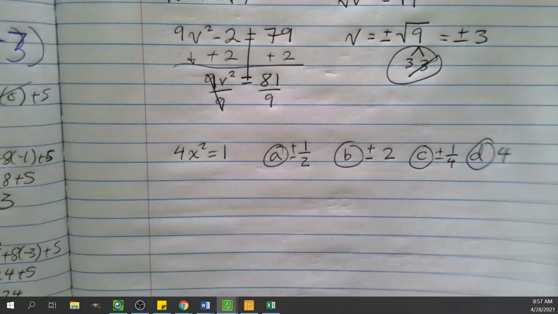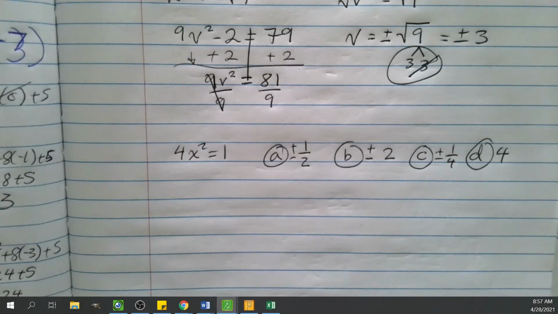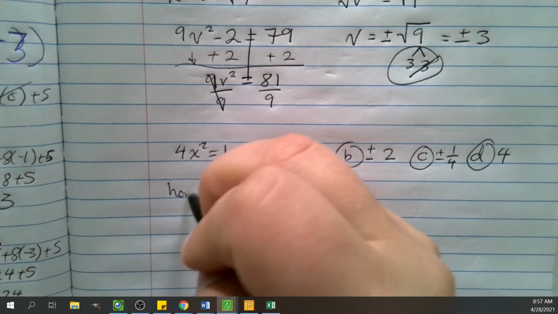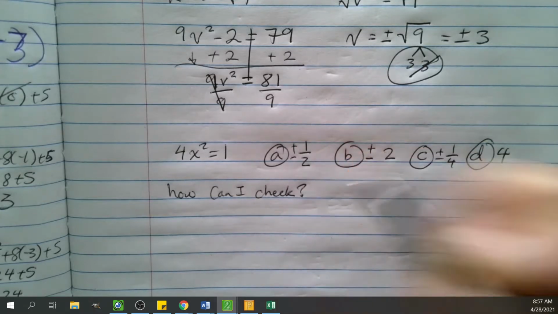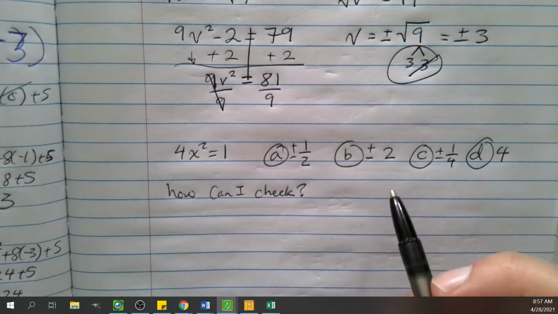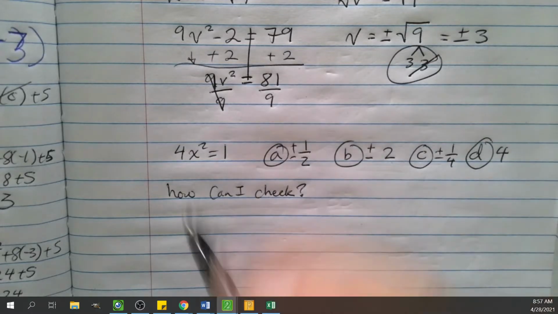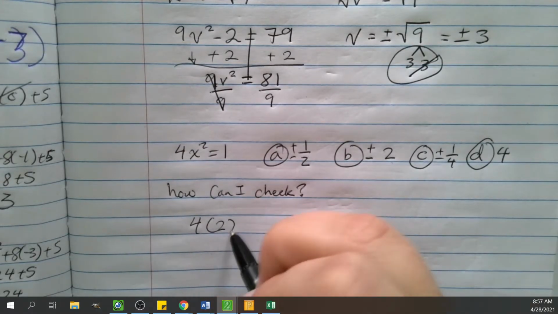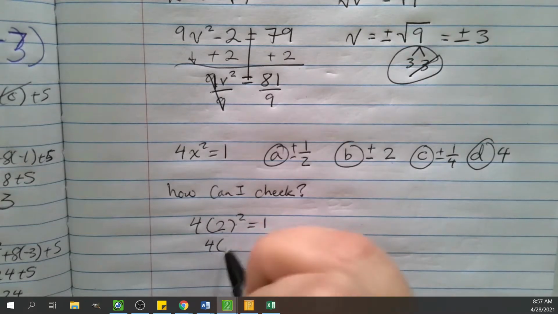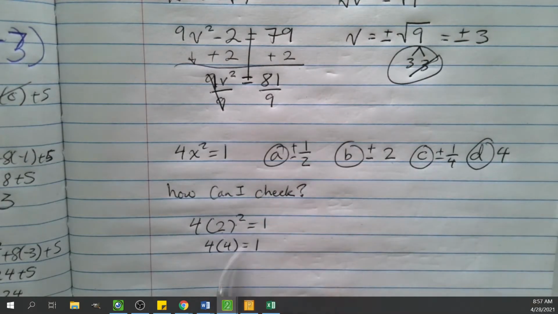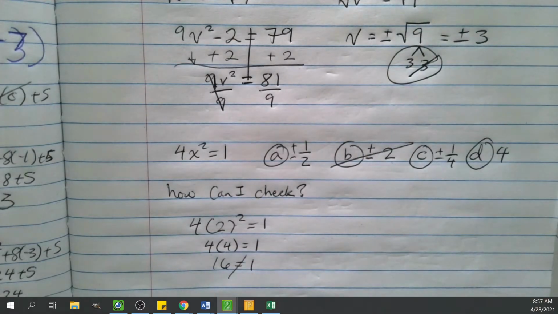How could I check and see which choice is going to work? Just plug it in. I'm going to try 2. 4 times 2 squared equals 1. What's 2 squared? What's 4 times 4? Does 16 equal 1? Not true. Can't be that one.